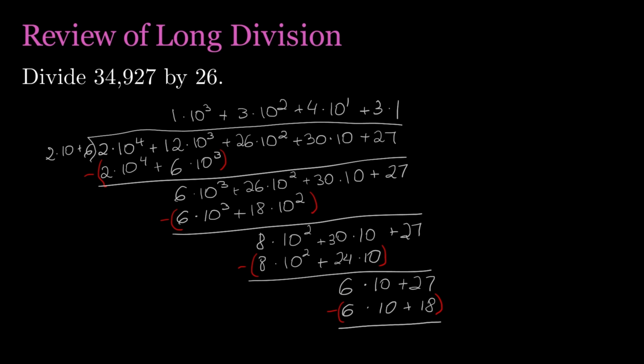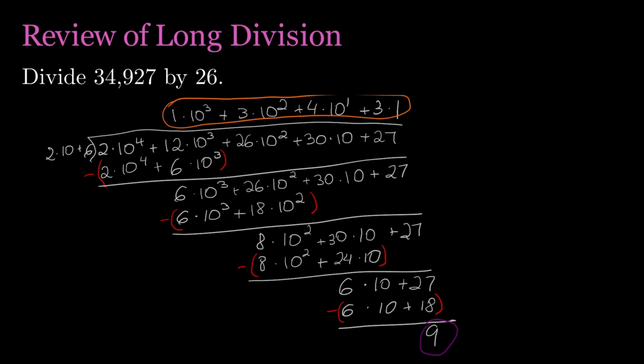Again, the first two terms cancel, and we're left with 27 minus 18, which is 9. Well, surprise, we got exactly the same answer. 9 is the remainder, and our quotient on top is indeed 1,343 as before.